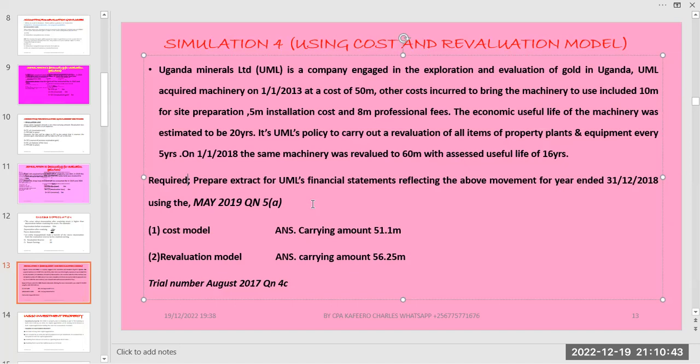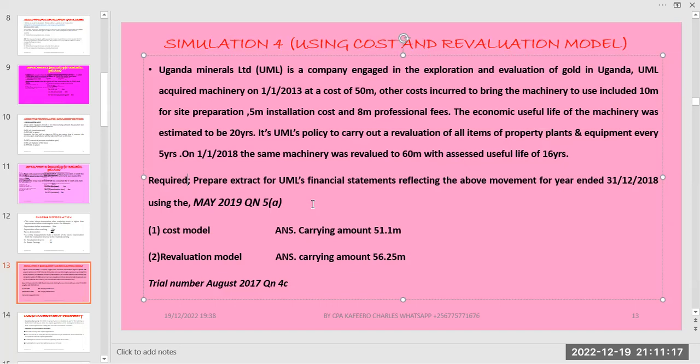But when you look at the question, you see that they have given you figures of 2013, 2018, and all that. So we said when you are handling these assets, you first have to find out whether the assets are depreciable or non-depreciable. Here we are talking about machinery, not land, meaning they are going to be depreciated.